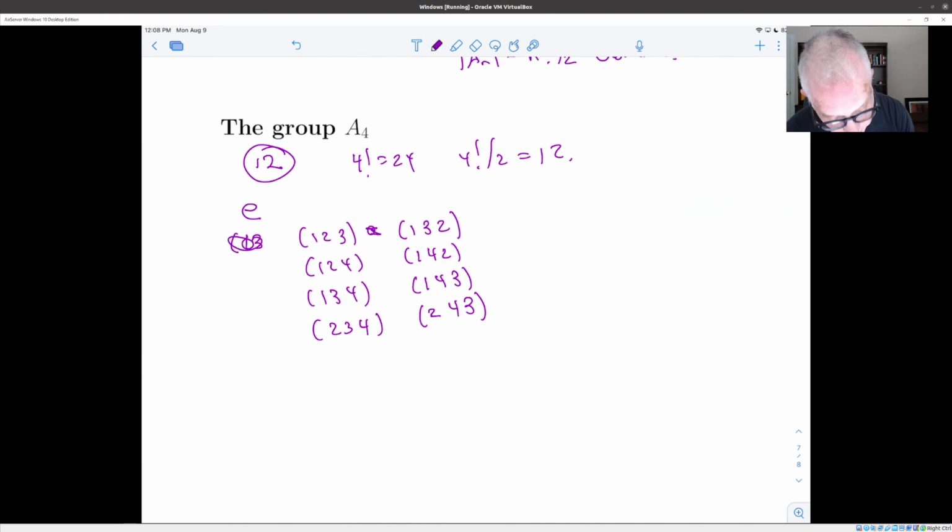The ones that we're missing are the products of 2 cycles, products of transpositions.